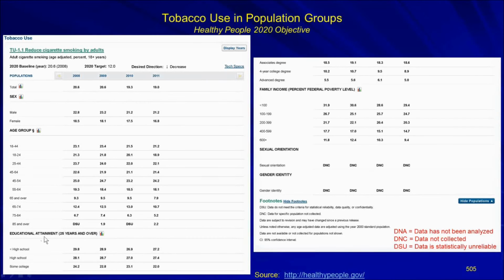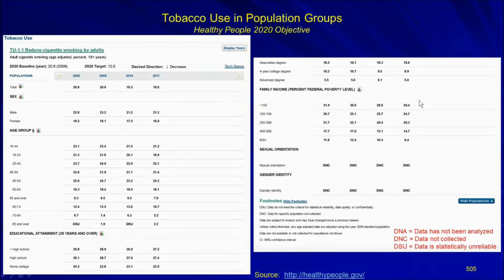If you're looking at educational attainment, the lower the education, the greater the percentage of smokers. If you have an advanced degree, it's very unlikely that you're going to smoke. Doesn't mean that you won't, but it's unlikely.